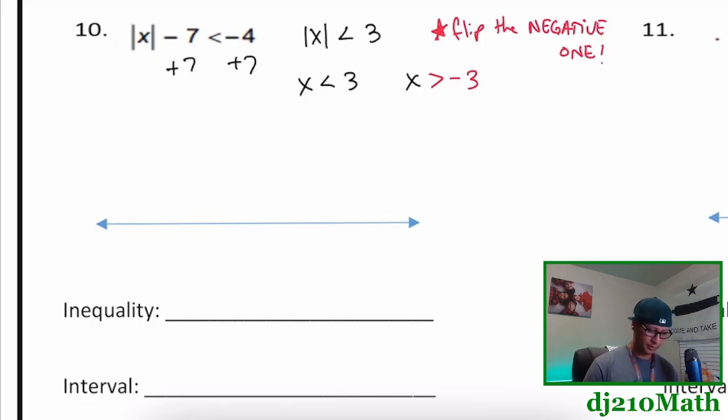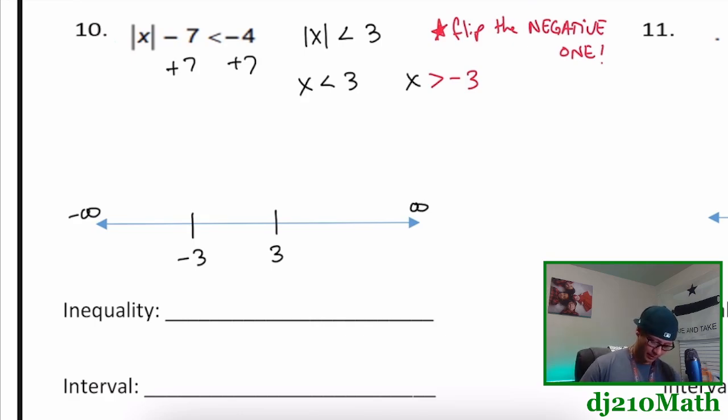Okay, so x is already by itself. So what we're going to do is we're going to put 2 tick marks, and they get circles. So it's going to be negative 3 and positive 3. Right, you write them in order from left to right. Negative infinity to the left, positive infinity to the right.